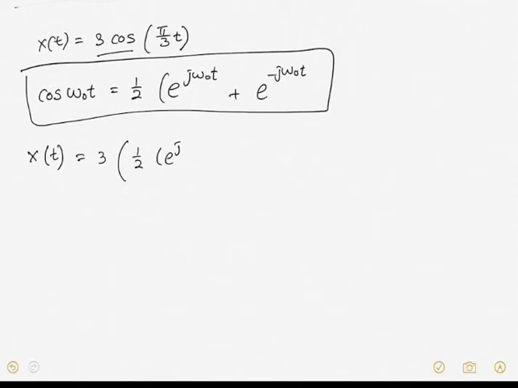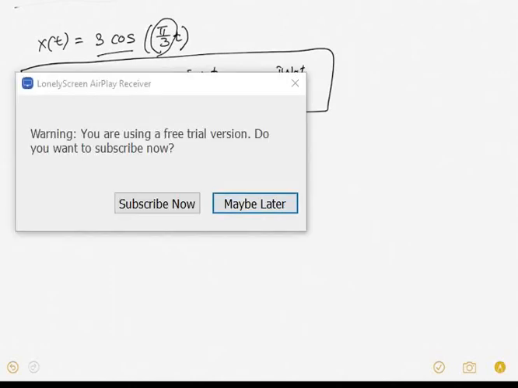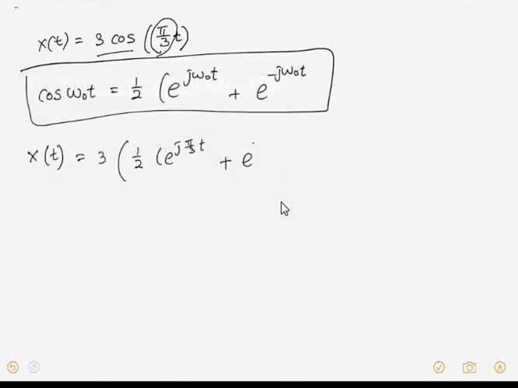What is the omega naught in this case? If you look here, it is pi over 3. So it's exponent j pi over 3 t plus exponent minus j pi over 3 t.